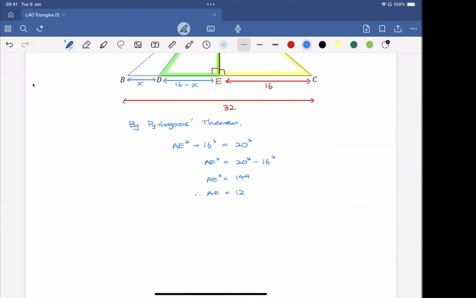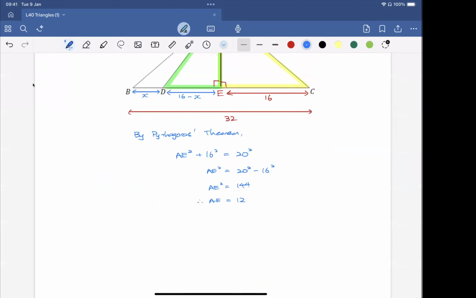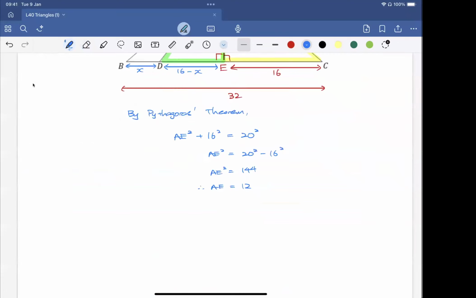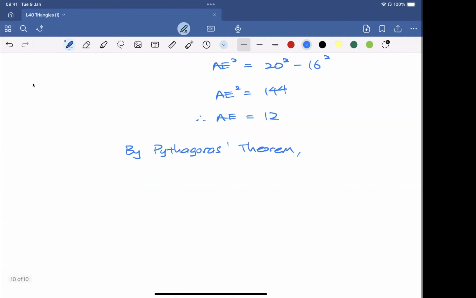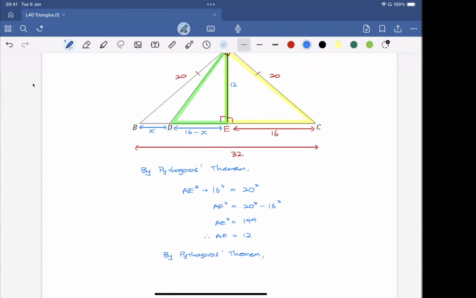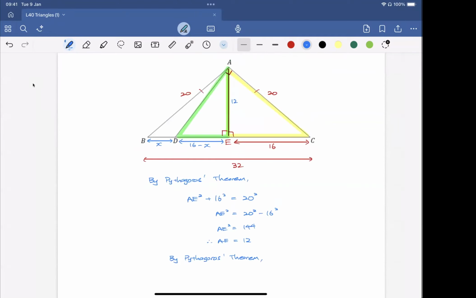So we are going to say by Pythagoras theorem again. By the way, we have to write it down whenever we are using it so that the examiner knows that we are using Pythagoras. We are going to say that 12 and 16 minus x.